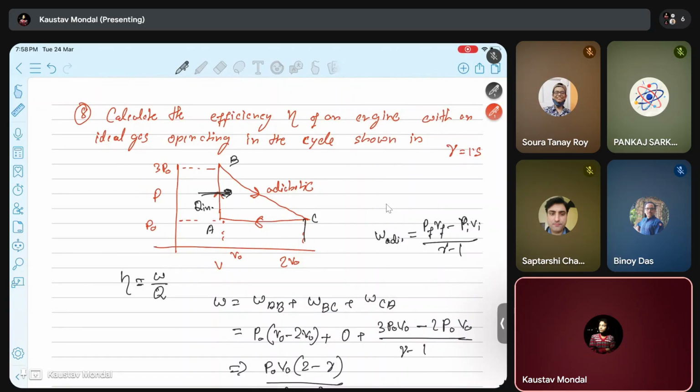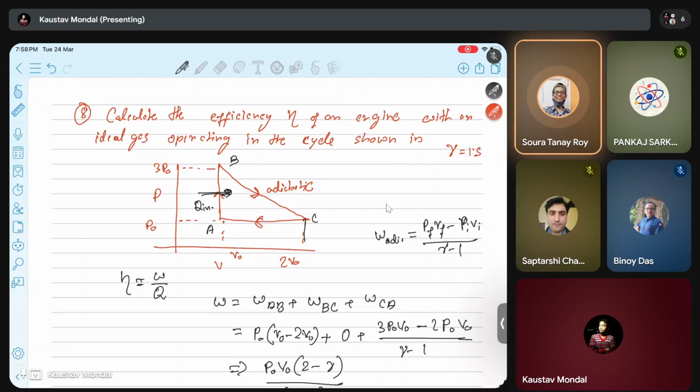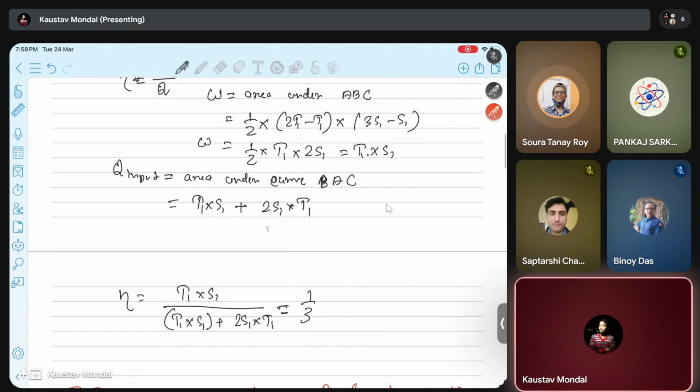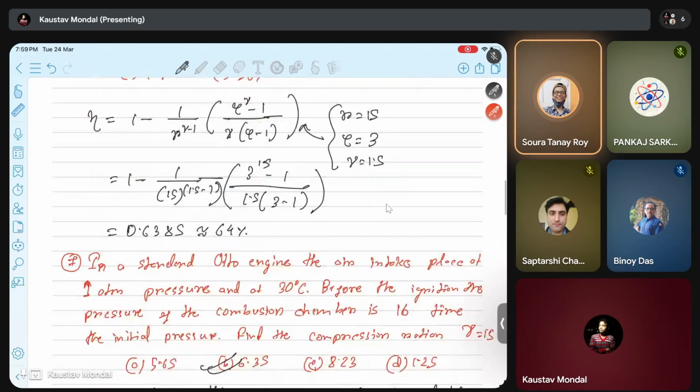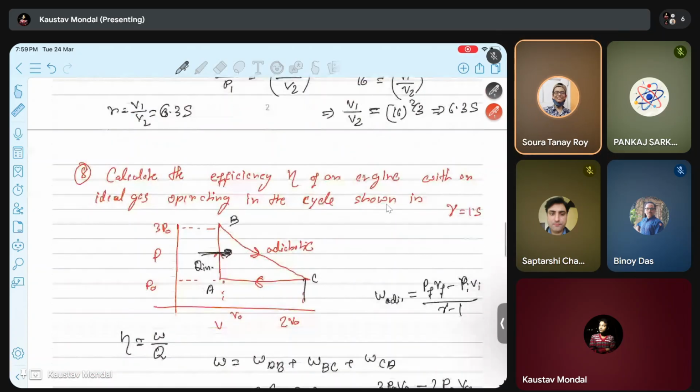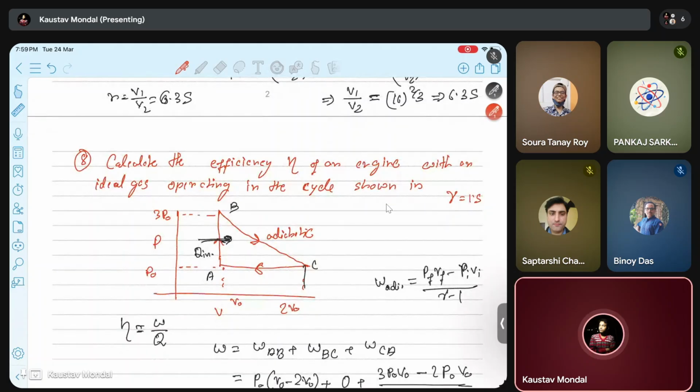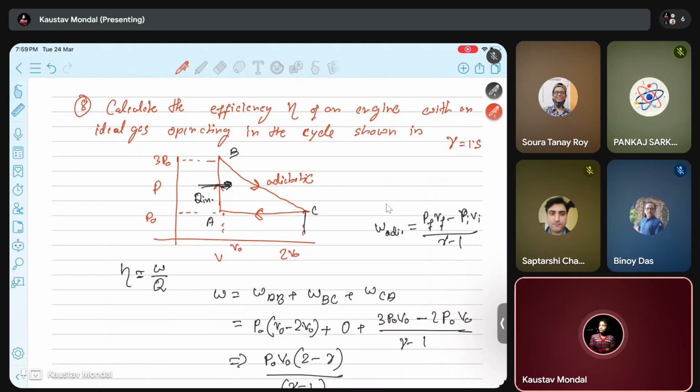So this is our last problem. So if you have any question, you can ask. I want to confirm one thing, that in the TS diagram, when we want to find Q or W, we have to take the area under the curve, right? And in the PV diagram, work equal to area under PV. You want to calculate work done, right? Yes. During each process, you can easily calculate the work done, like here, how we have done.